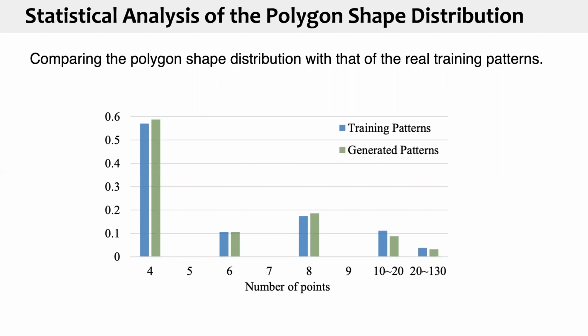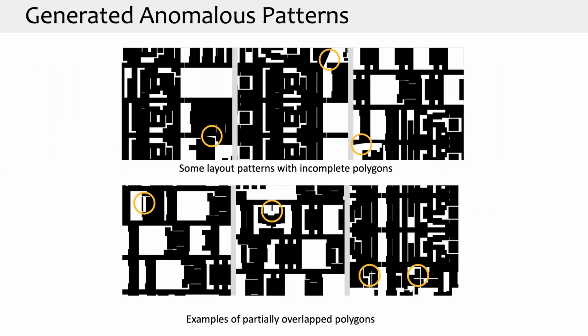Since the generated pattern sequences are randomly sampled from the approximate distribution, some anomalous patterns are difficult to avoid. These anomalous patterns can be divided into two categories. One is that a sequence between a pair of SOP and EOP tokens cannot form a complete polygon with only horizontal and vertical edges. The upper figure shows some such patterns.